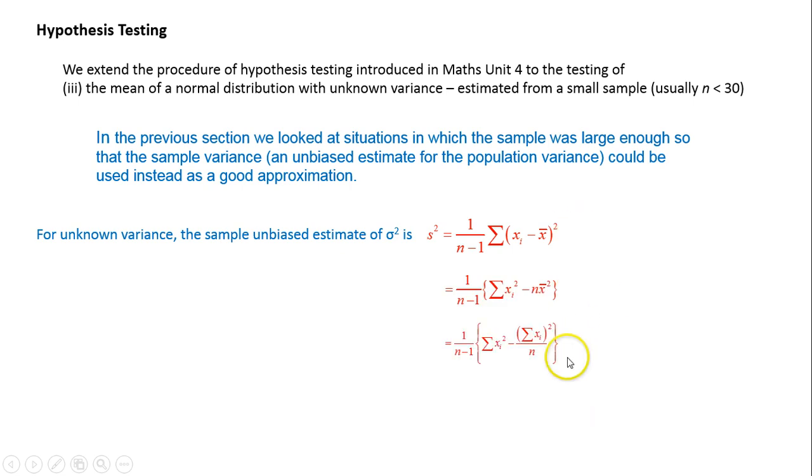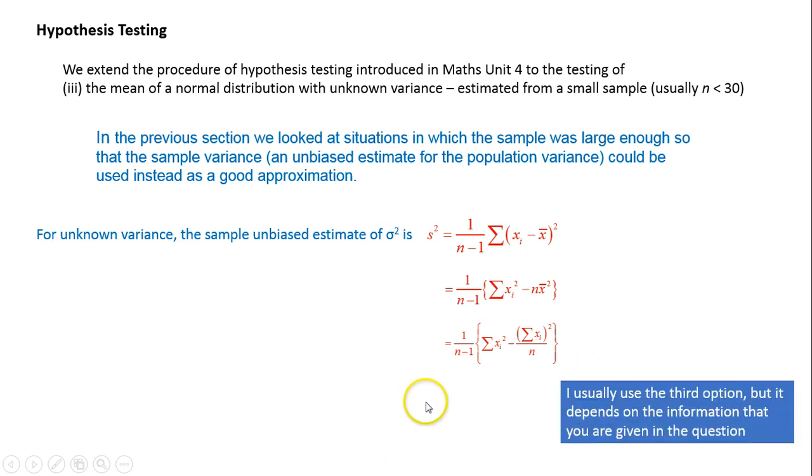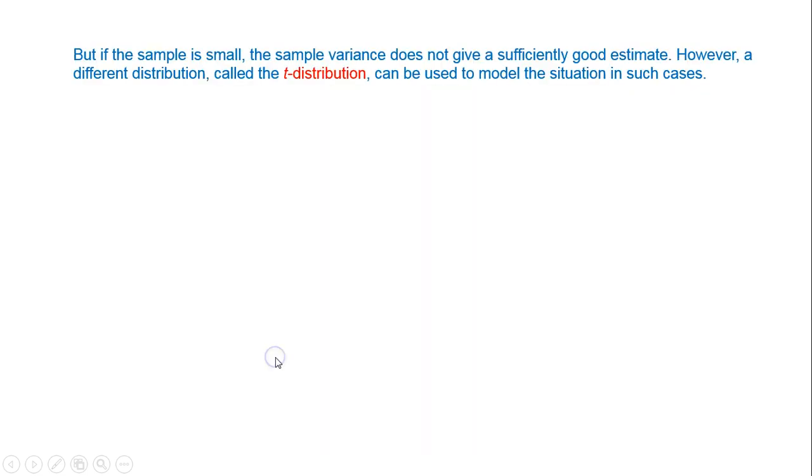It's the last two that are usually used in calculations, but I prefer the third option. It depends on the information that you were given in the question. So that's the sample unbiased estimate of the population variance.